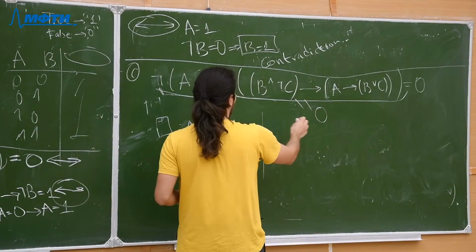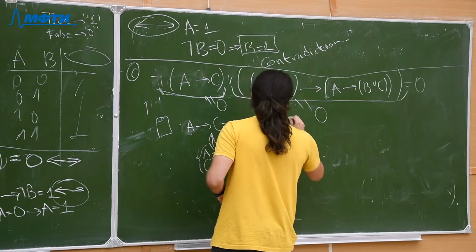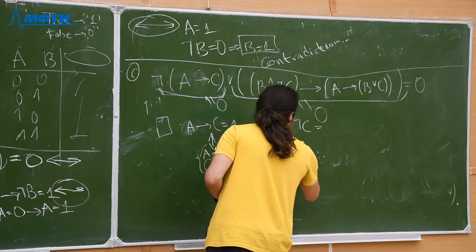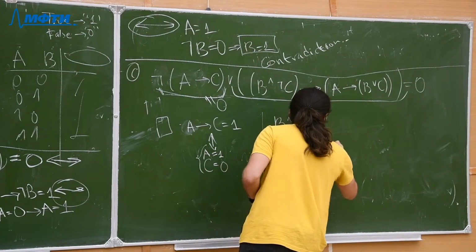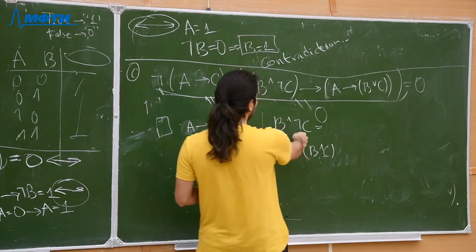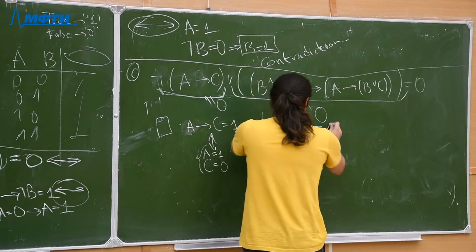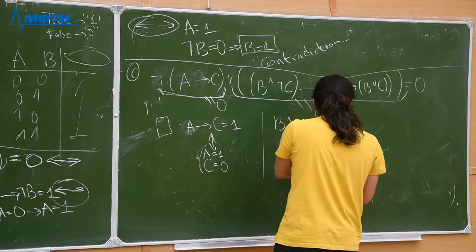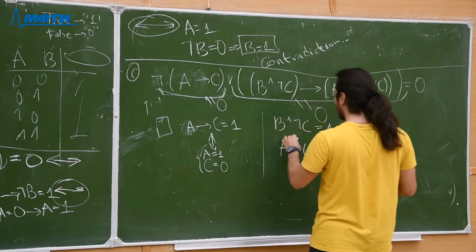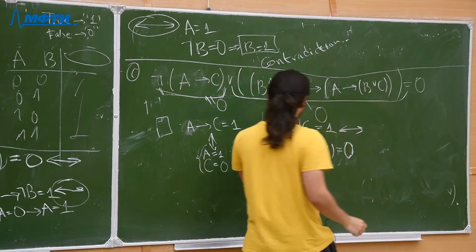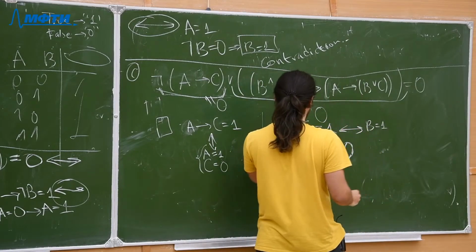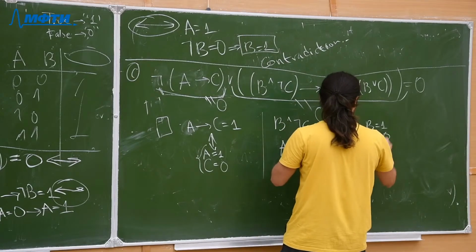So this should be if and only if. So B is 1 and C is 0, right?